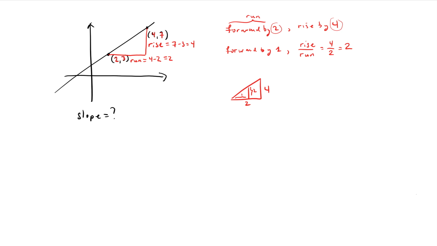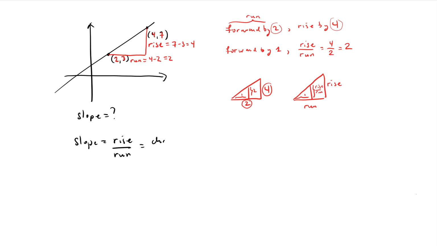So if you shrink this by 2, you have to shrink that by 2 as well. Okay, so if you end up with some run and some rise, and you want to know how much up you go if you go forward by 1, you have to divide your rise by your run. So this is why we say the slope is rise over run.